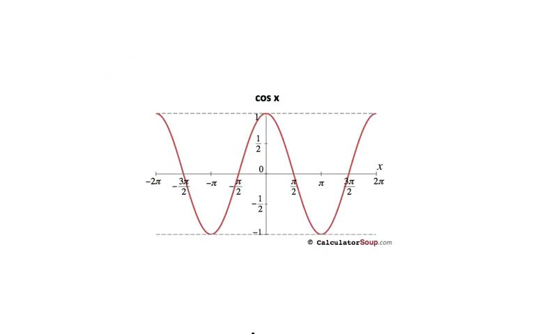Now let's talk about the cosine graph and its inverse. We know by looking at the cosine graph that it is not 1-to-1. Therefore, we have to restrict the domain. But how can we restrict the domain so that the horizontal line test will give me an inverse?